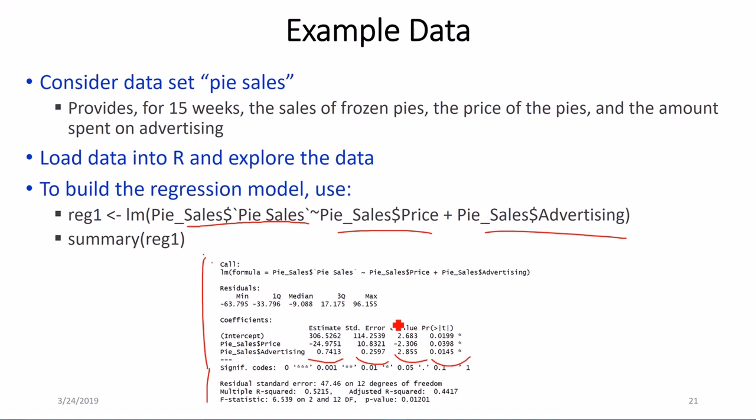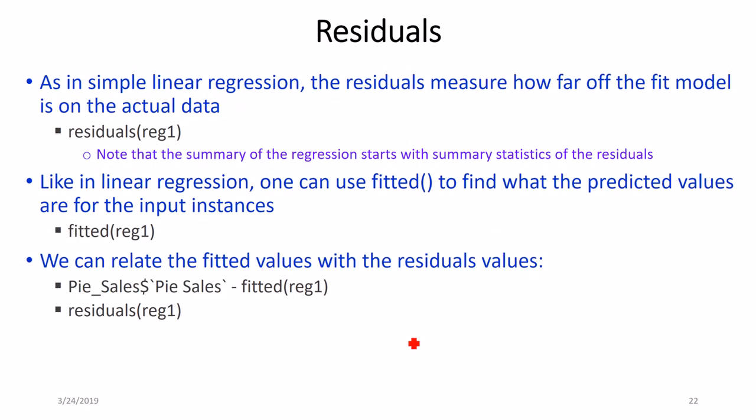Looking at the p-values for price and advertising, we can see that the p-values are less than 5%. And we can reject the null hypothesis and say that there is a linear relationship between price and sales and advertising and sales.